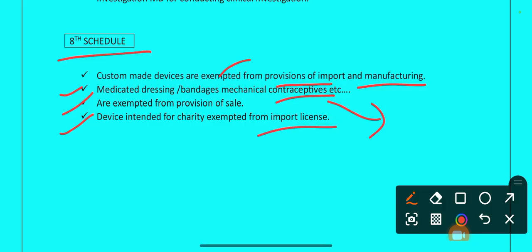Okay, so in the Medical Devices Rules 2017 it outlines exemptions from specific provisions of the rules for certain medical devices, including custom made devices, medicated dressings, and mechanical contraceptives.